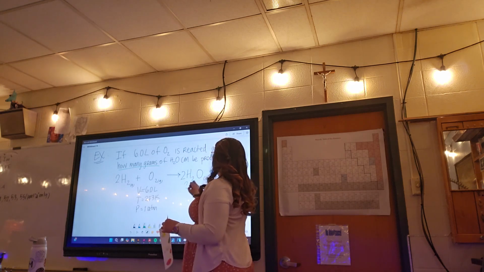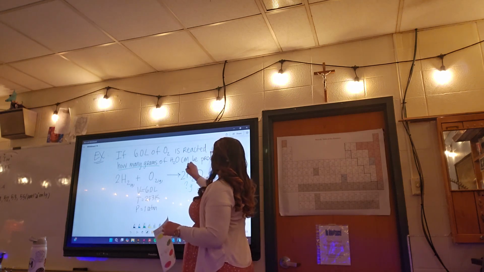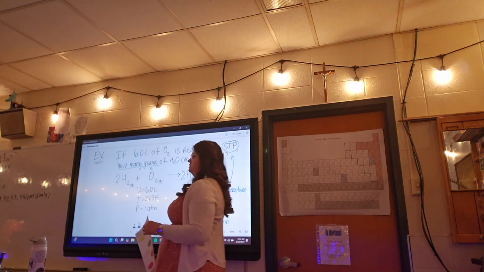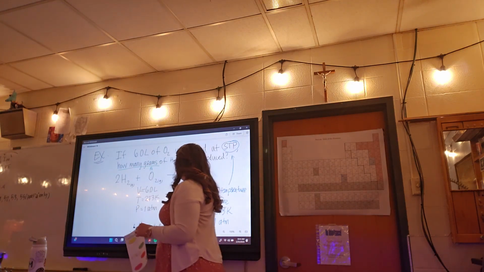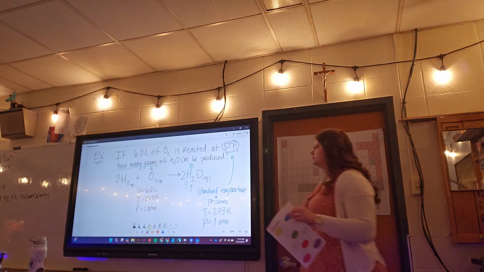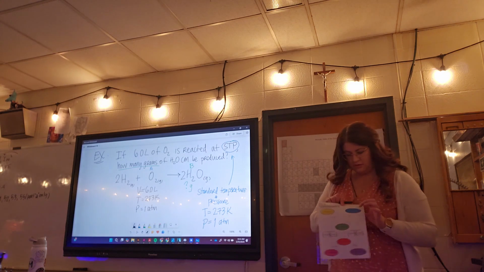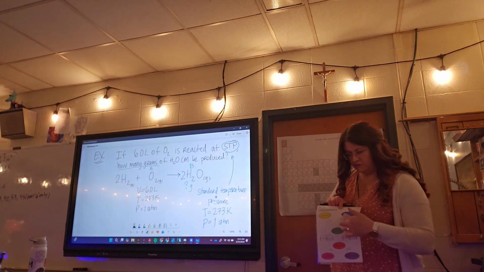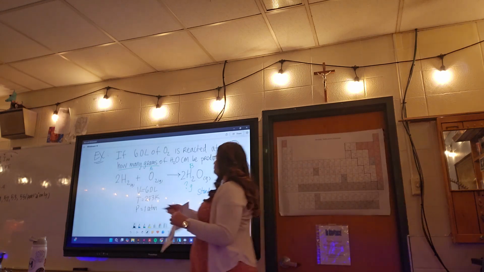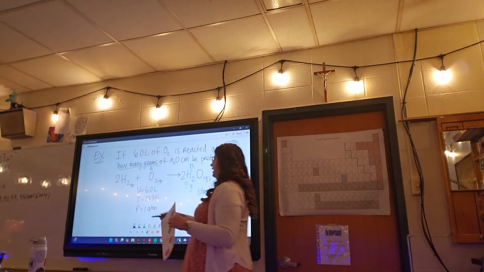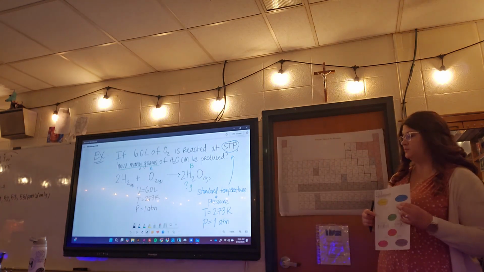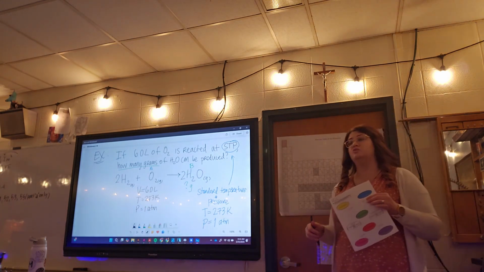So that's question mark grams. This is substance B, and this is substance A. What is PVT? Pressure, volume, temperature. So it means that we're given pressure, volume, and temperature of substance A, which is true. And then we need to figure out the number of grams of substance B. So which of the colored circles will we end in?